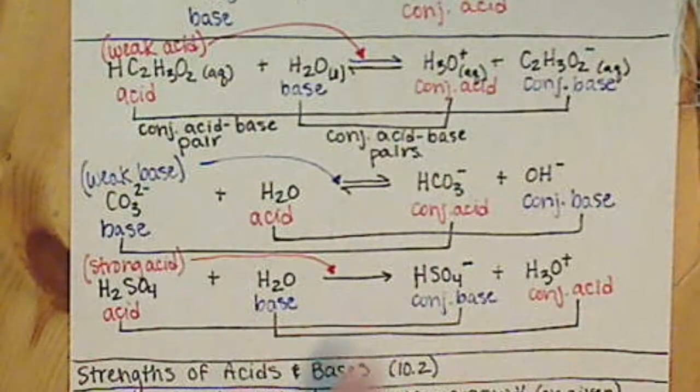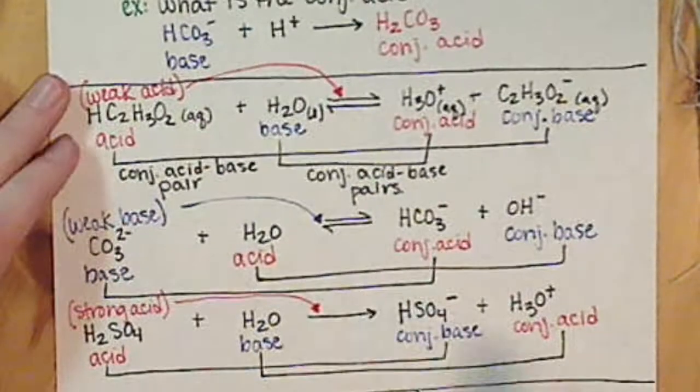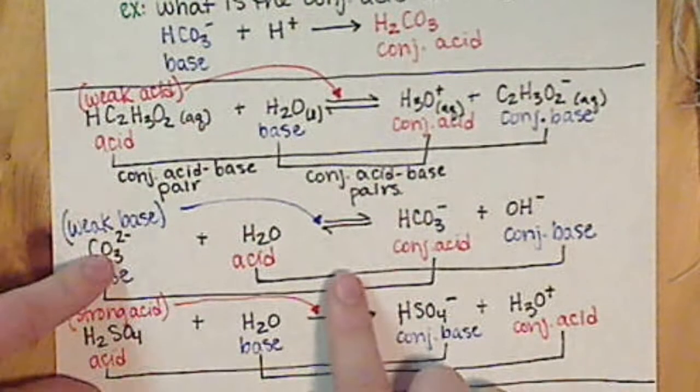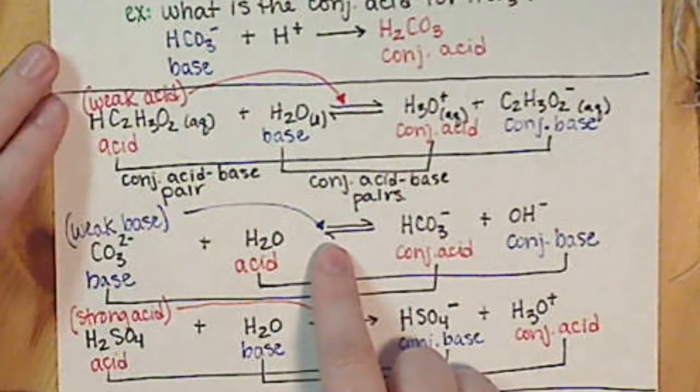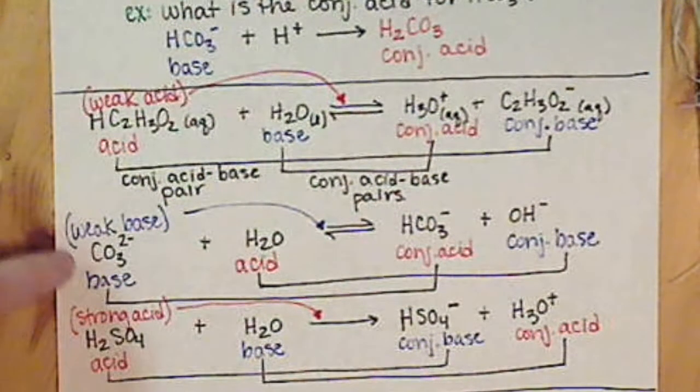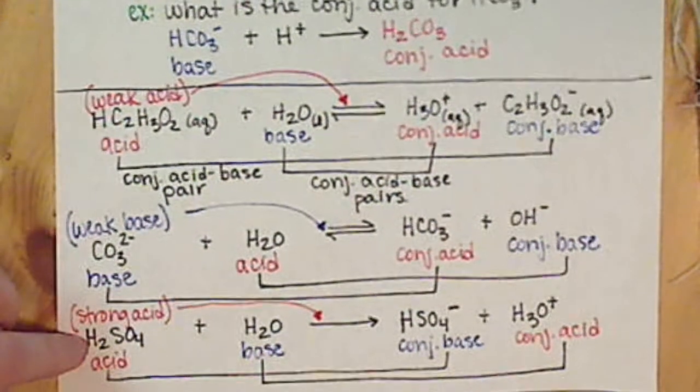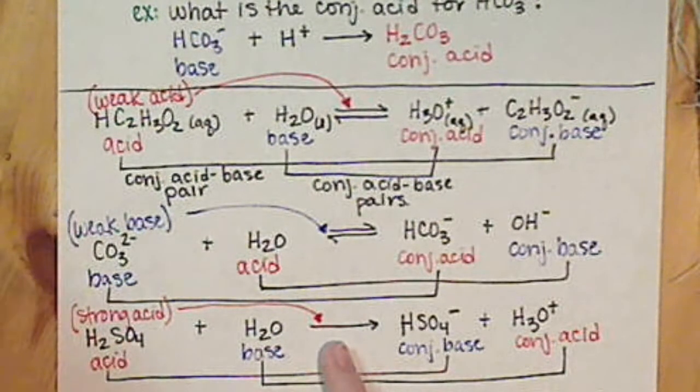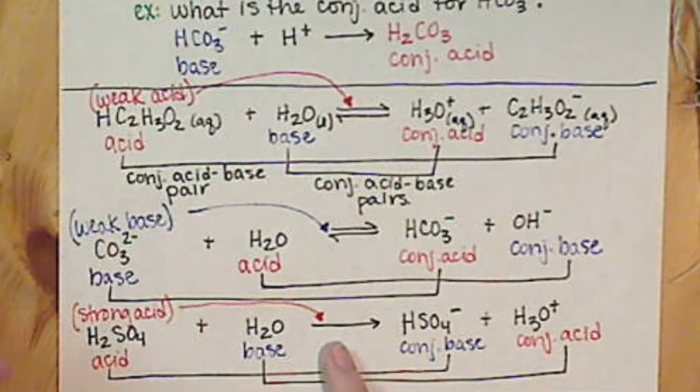So then looking at our strengths, our first two examples here, acetic acid and the carbonate ion, were both weak. We had a weak acid and a weak base because we had our double reaction arrows. Sulfuric acid is a strong acid as indicated by the single forward reaction arrow.